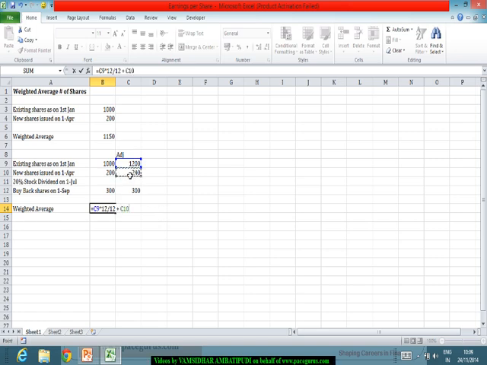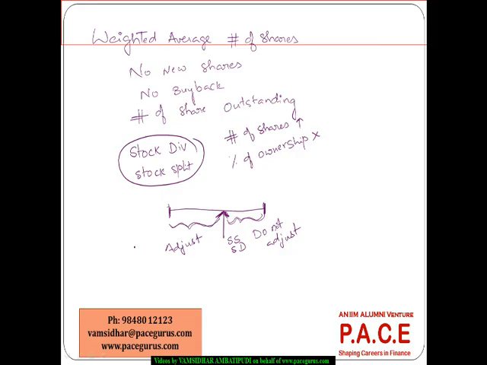Whereas the 240 new shares are there only for 9 months, because they are issued on 1st April, and I have to take out 300 shares. And this 300 shares, because they were bought back on 1st September, I have to take the weightage of the remaining 4 months. So overall this results in a weighted average number of shares of 1280. This is what would go as a part of computation of EPS.